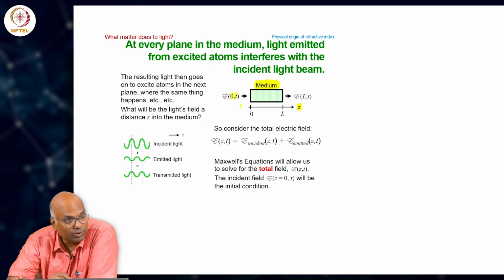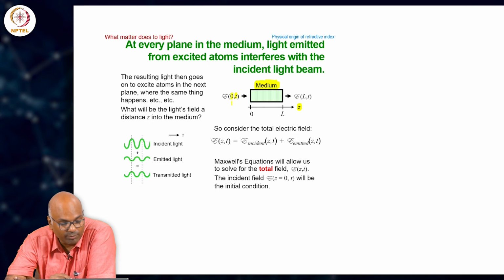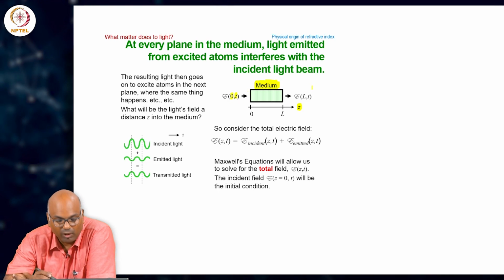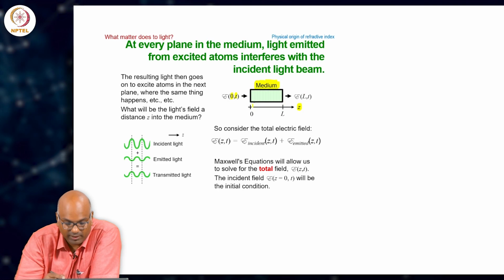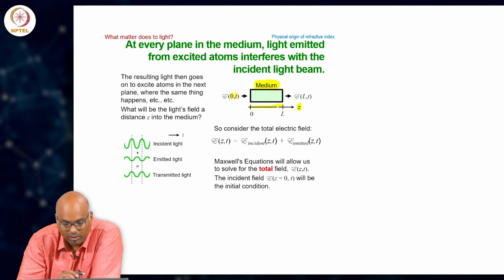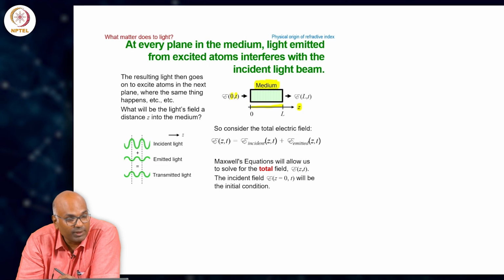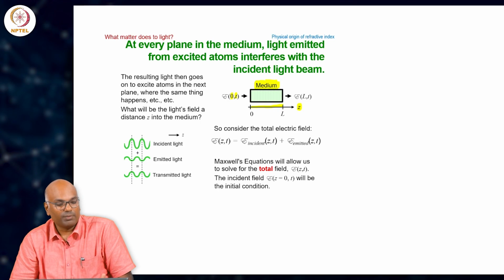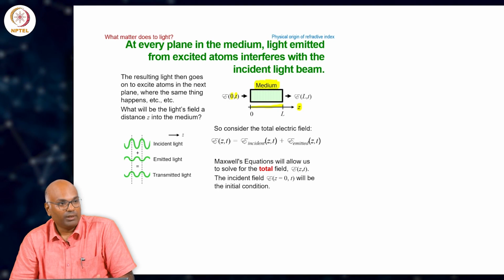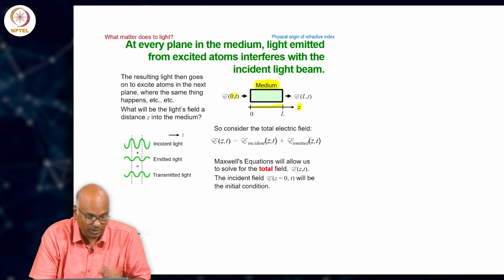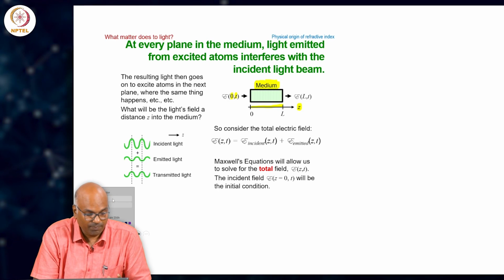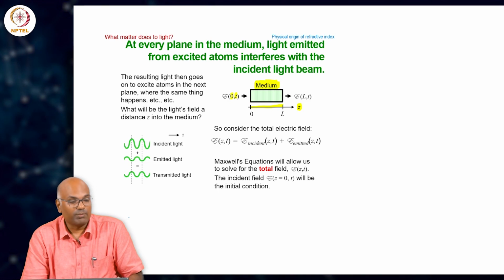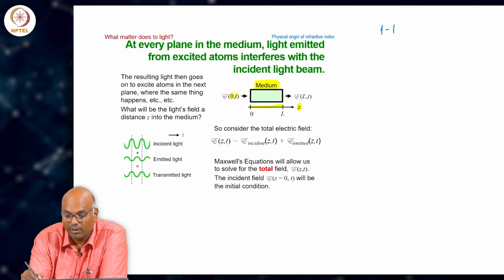If I know the input of the electromagnetic wave going into a medium, E of 0, t, then at the output of the medium, which has a length L, after propagating a distance L, I am making some simplifying assumptions: the medium's response is linear, the medium is homogeneous, and I would toss in for this discussion's sake isotropic, but isotropy is not so much of our concern because we are considering a one dimensional model.